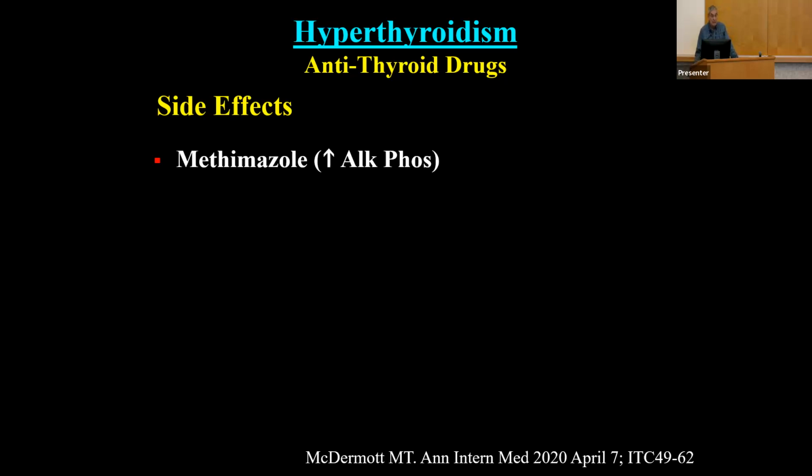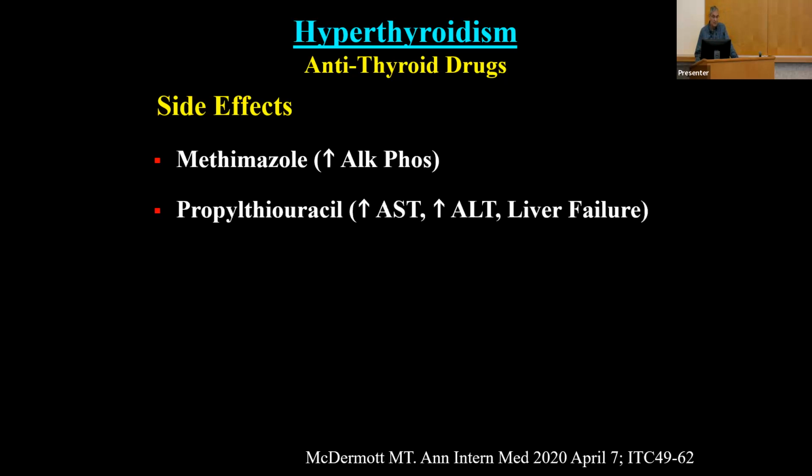We usually will not start methimazole if the alk phos is more than 3-fold elevated, but up till then you can start methimazole. Propylthiouracil raises the AST and the ALT instead, and as I said, it's the third leading cause of drug-induced liver failure. We don't like to start propylthiouracil if people have a 3-fold elevation of AST and ALT, but lower levels are fine.